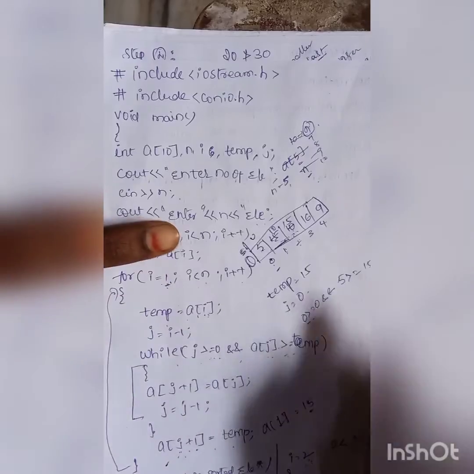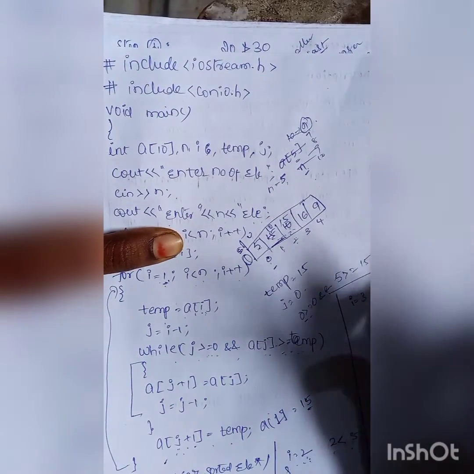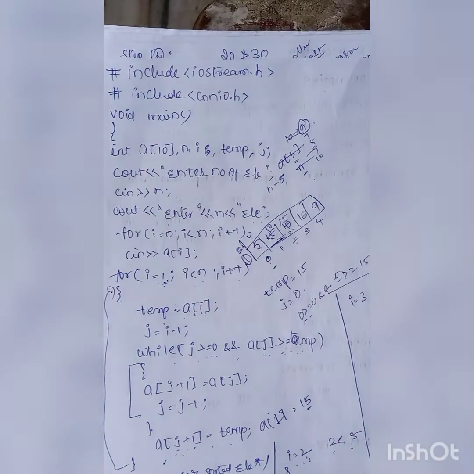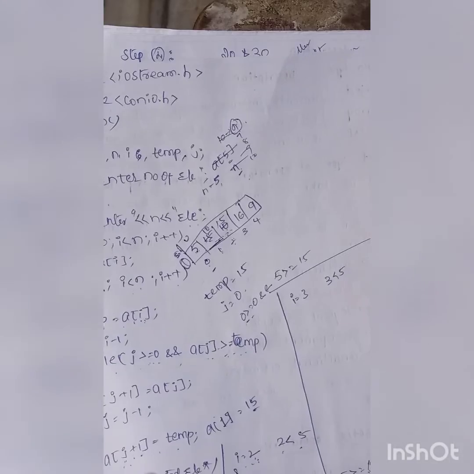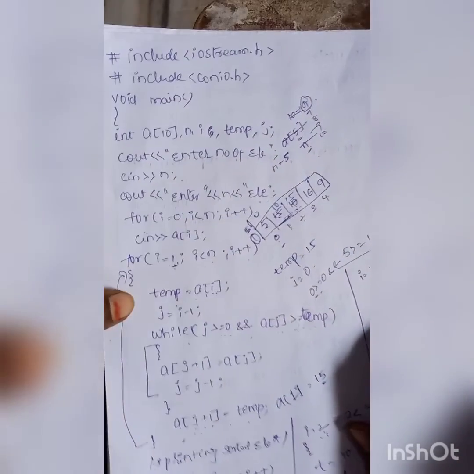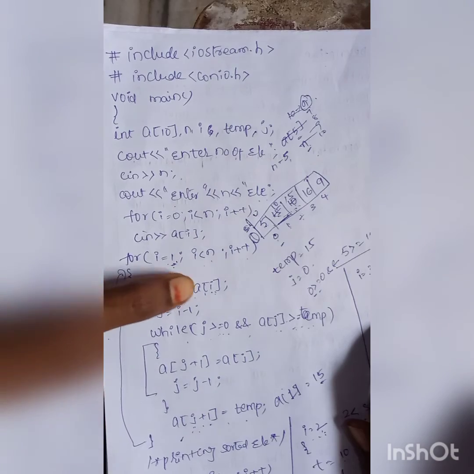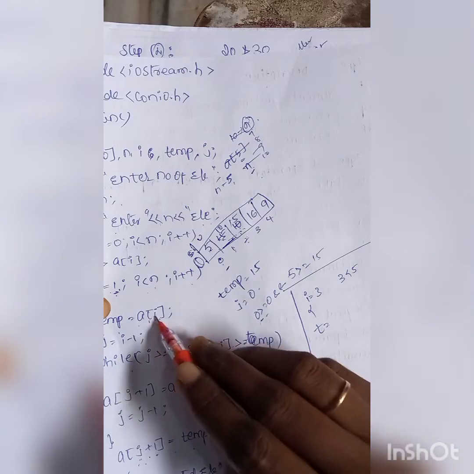Next what will happen? Next I becomes 3, 3 less than 5. Right? When 3 is less than 5, again what you are considering? Temp. Temp is equals to A of I. I means 3.